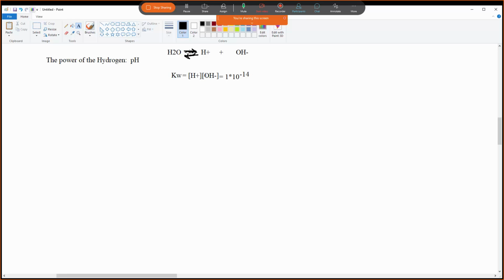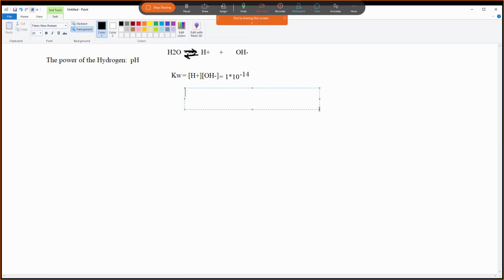And so it's x times x is 1 times 10 to the negative 14th, or x squared is 1 times 10 to the negative 14th. So you wouldn't divide by 2 because it's not 2 times, it's squared. You're going to take the square root to find that the H plus concentration in pure water is equal to the OH minus concentration in pure water, which is going to be equal to 1 times 10 raised to the negative 7th.